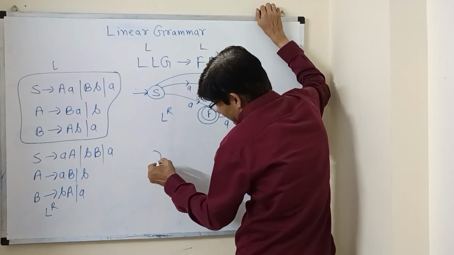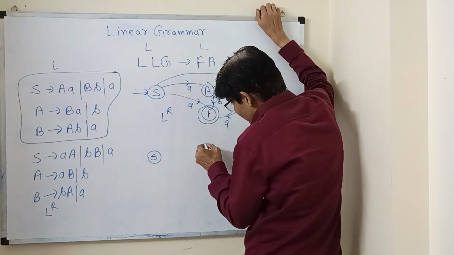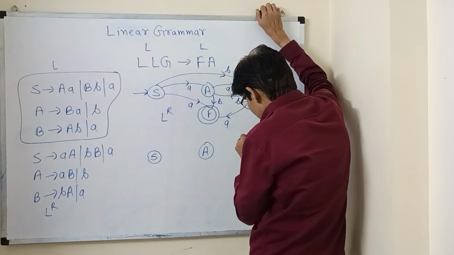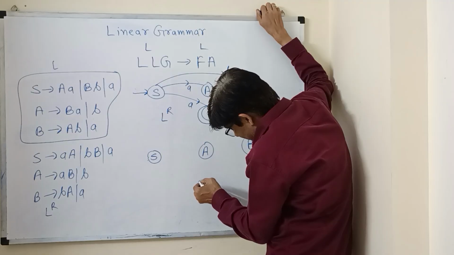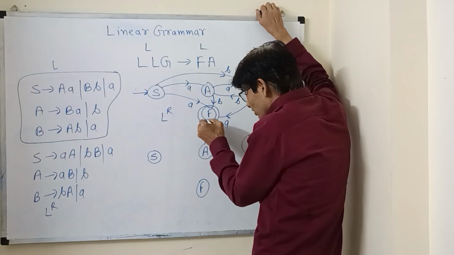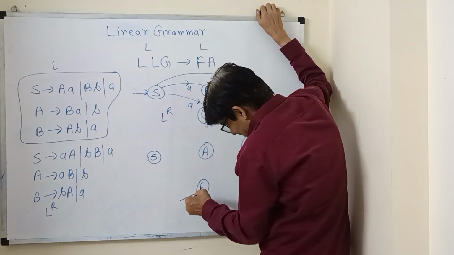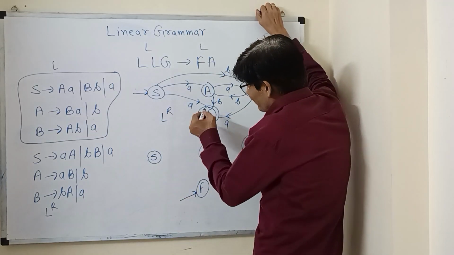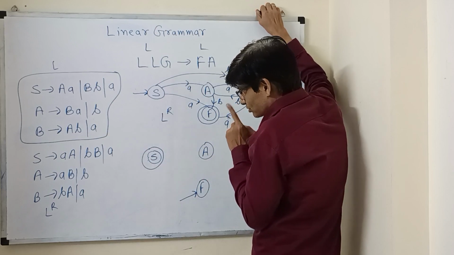So I can create the equivalent machine here, S, then A, then B, then I can create one more state like this, the final state F. Now we have to convert this into the initial state, so I can make it the initial state, and we have to make the initial state a final state, so I make this also.